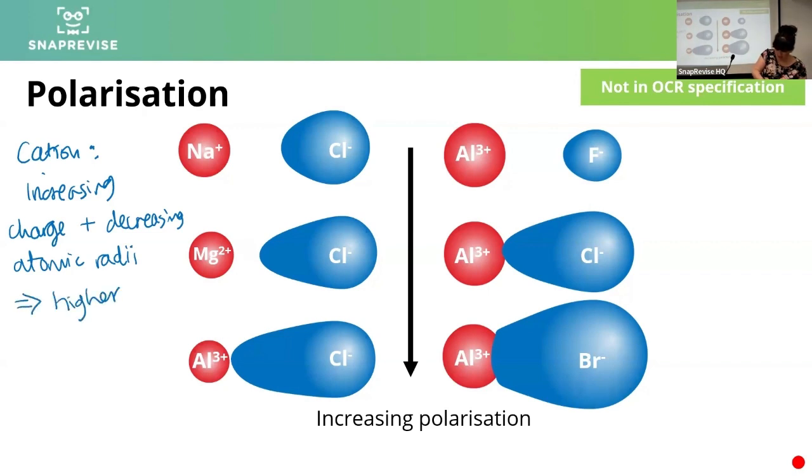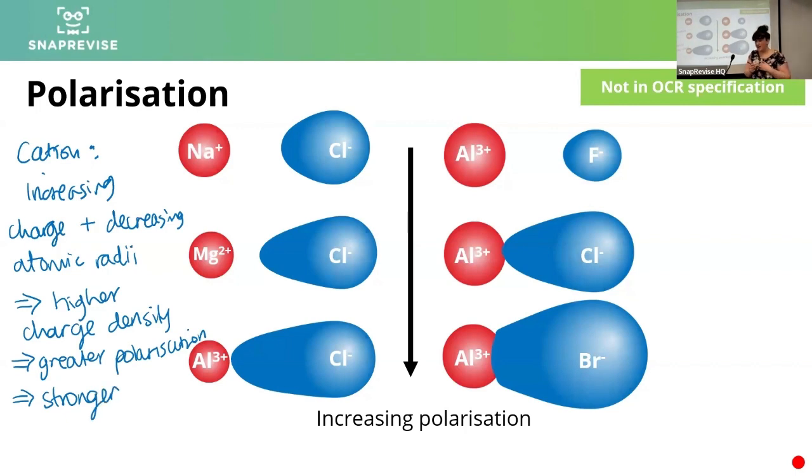The higher charge density means you get more polarization, greater polarization, which means we get a stronger bond, or a greater bond enthalpy, you could say.